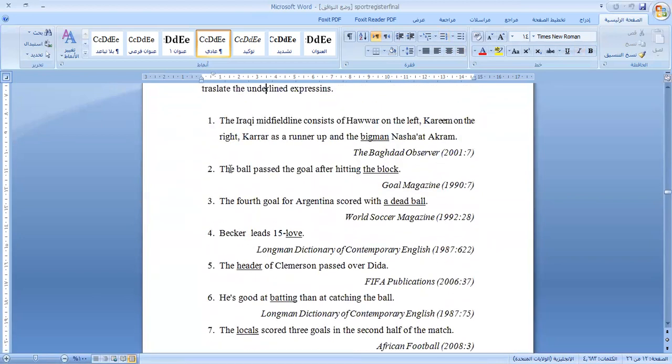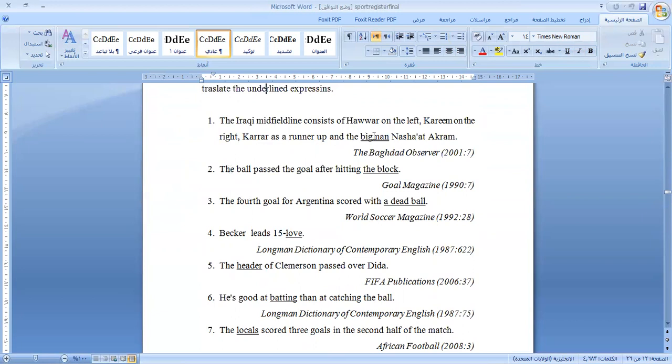The Iraqi midfield line consists of Hawar on the left, Karim on the right, Harar as a runner-up, and the big man Nash'at Akram.